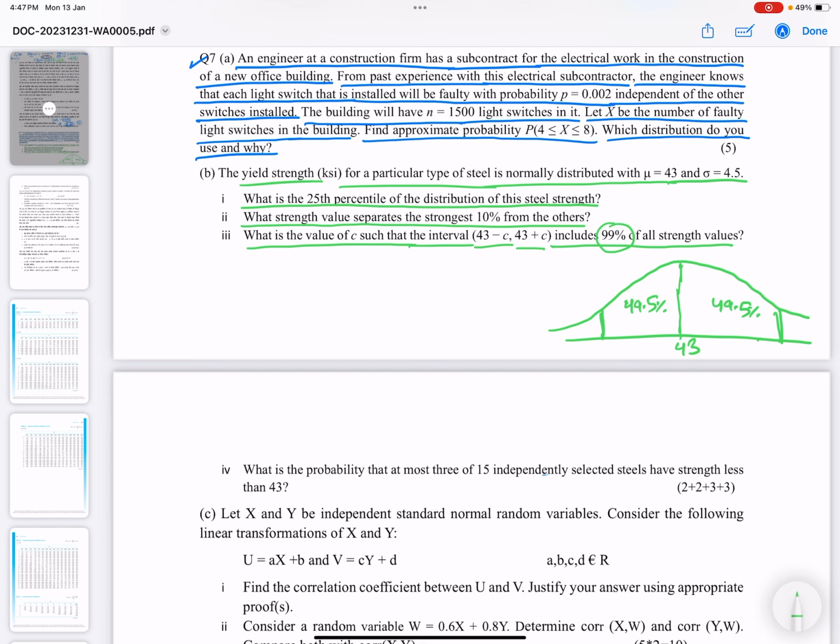So we need to find this value and this value, since it is a normal distribution which is symmetric in nature. If we find the value of any one of them, we'll be able to find the other one. So if this is 49.5%, the remaining would be 0.5 percent, which is 0.005. This would be 0.005 as well, the area. So z 0.005.